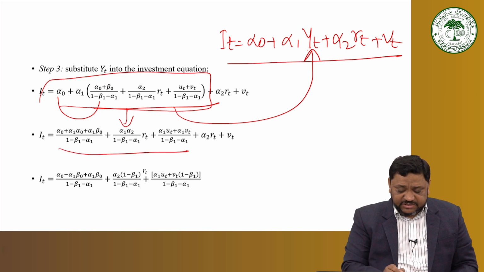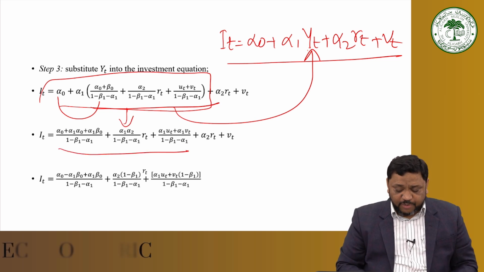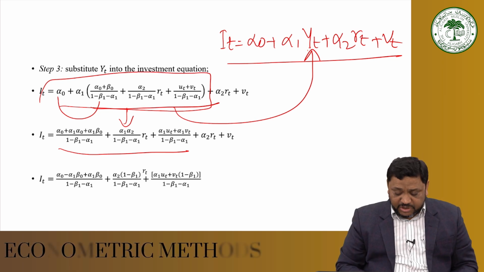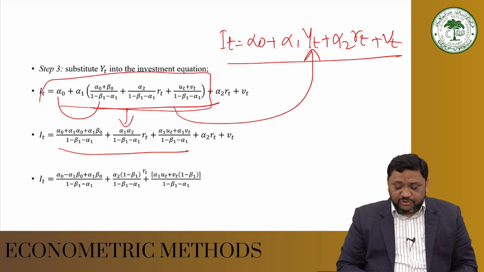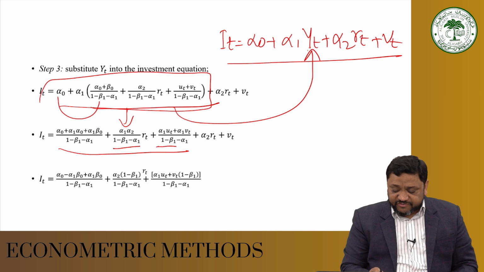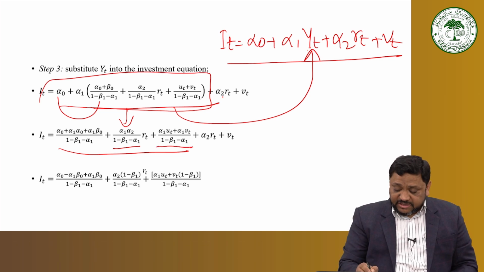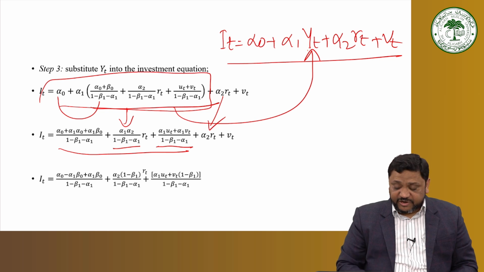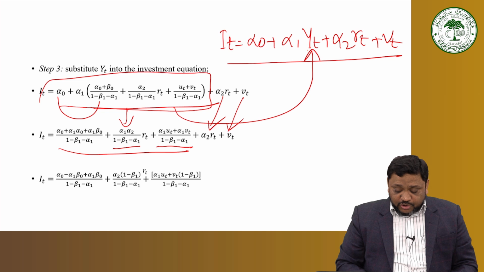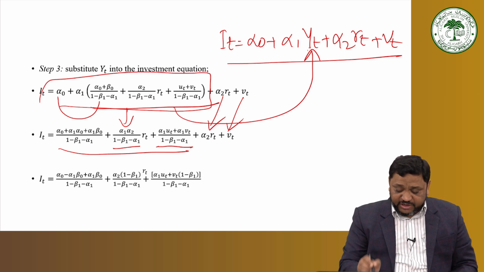Plus this is alpha naught plus alpha 1 alpha naught plus alpha 1 beta naught divided by 1 minus b1 minus alpha 1 plus alpha 1 alpha 2 divided by 1 minus b1 minus alpha 1 plus alpha 1 ut plus alpha 1 vt divided by 1 minus beta 1 minus alpha 1. And then this term comes as it is, that is alpha 2 rt, and this term also comes as it is, that is vt. So now we can incorporate this vt also over here.